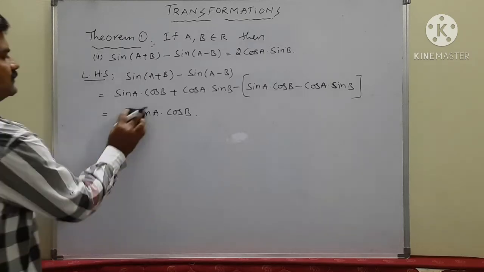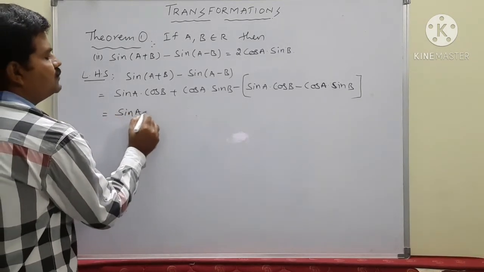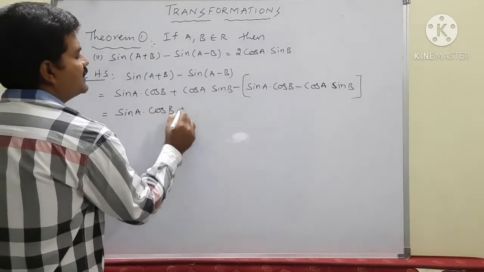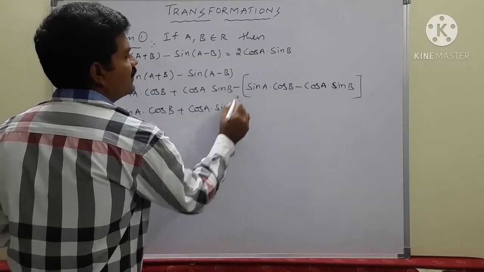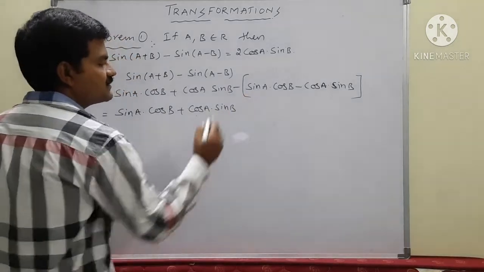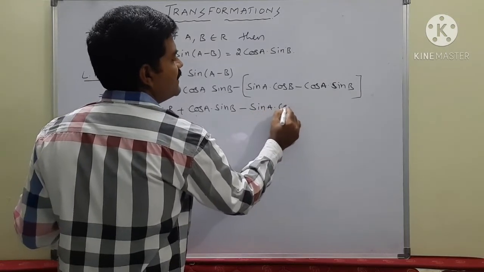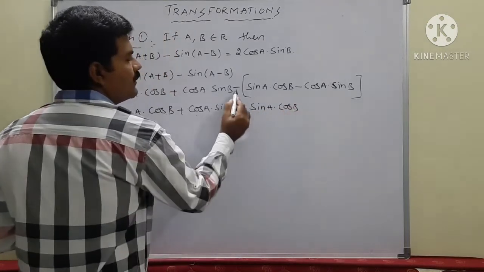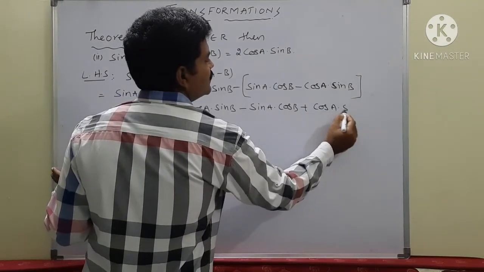Okay. So now sin a into cos b plus cos a into sin b, and before the bracket there is a minus, no? So multiply with minus: minus sin a into cos b, minus into minus plus cos a into sin b.